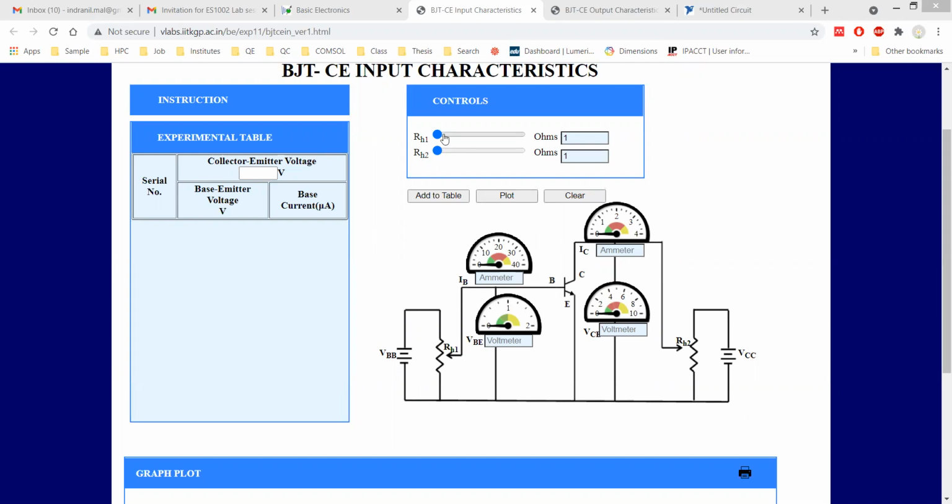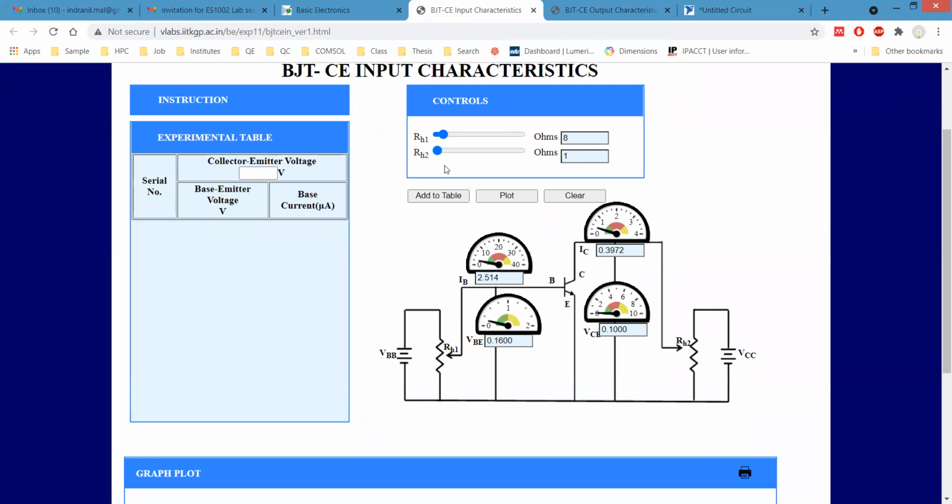So let's increase it one by one. This is for IC and VCE changes, as here we have applied. So this is only the biasing part, and we are not dealing with this one in this case. We are interested only in input characteristics, so we have to consider the base emitter voltage and the base current.